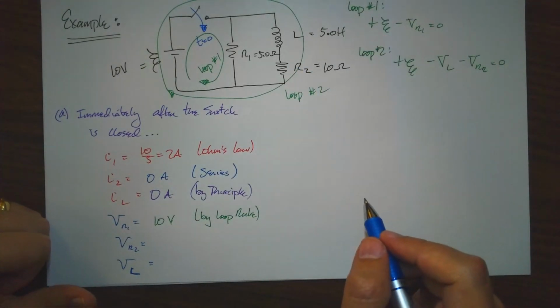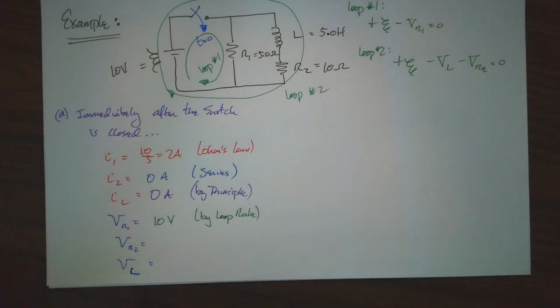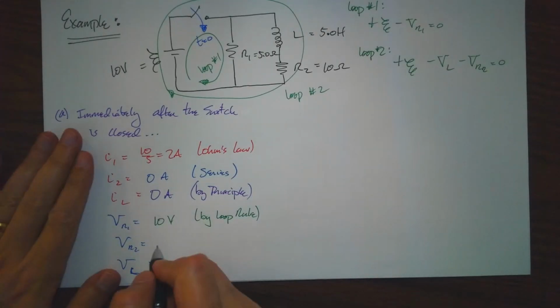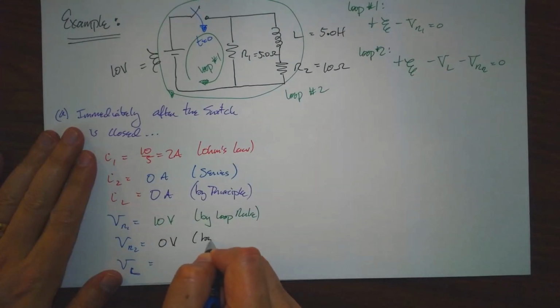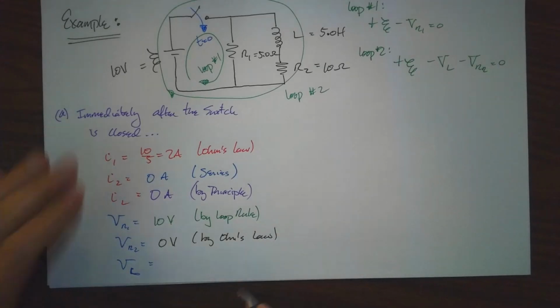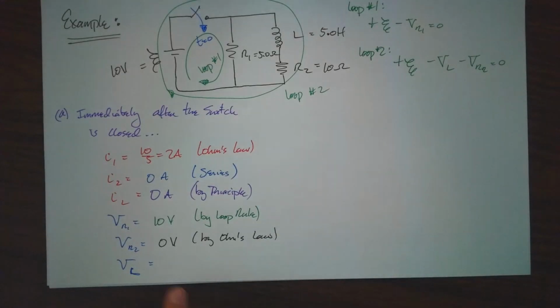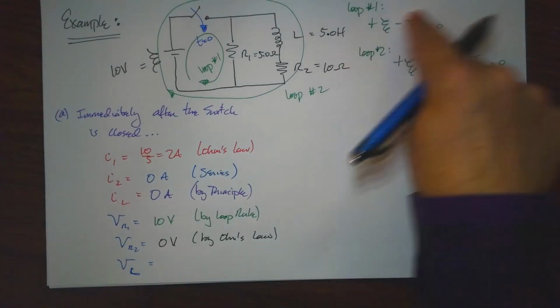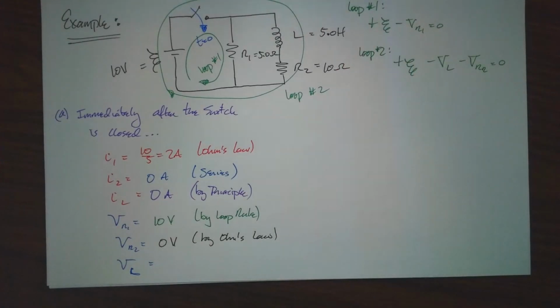If there's no current in the resistor, what's the voltage on resistor 2? 0. If there's no voltage here, when we do our loop rule, what's the voltage on the inductor have to be?